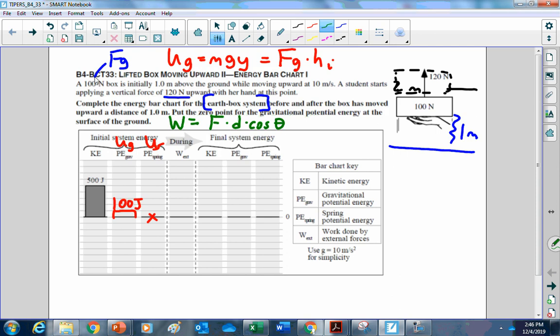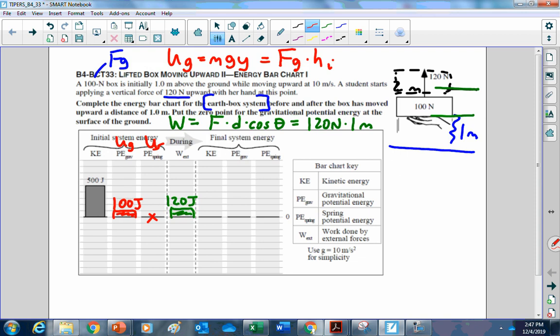The force is straight up, the displacement is straight up, so theta is 0 here, and I just do 120 newtons times 1 meter of displacement from here to here. So that's going to be 120 joules, slightly over the 100 line. Okay, so got that and that.